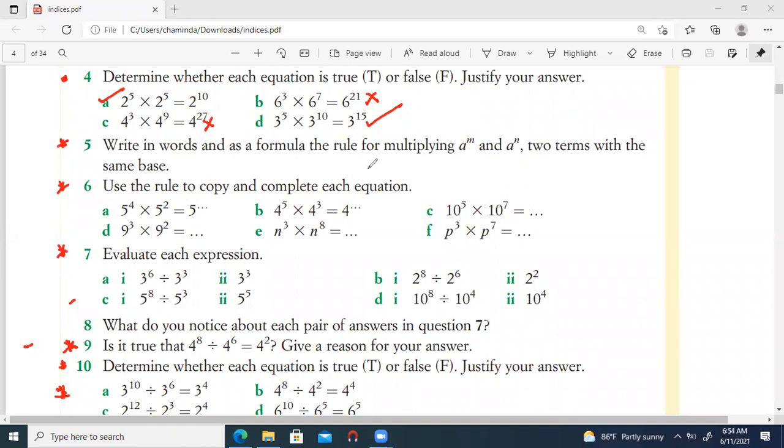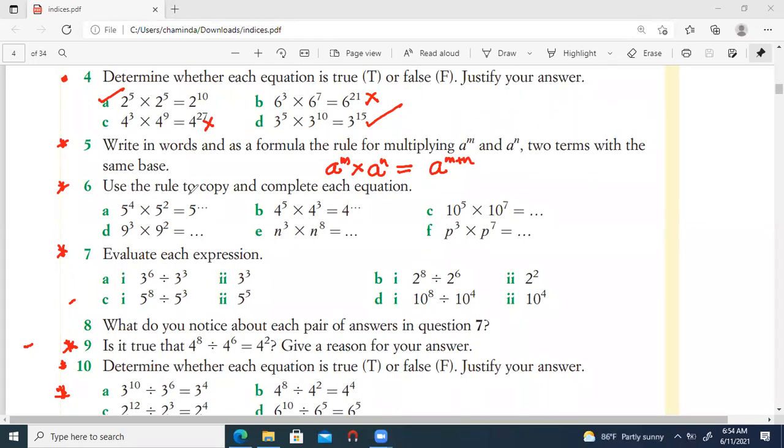Let's write this one: a to the power m multiplied by a to the power n. What must be the answer? A to the power m plus n. That's the rule.